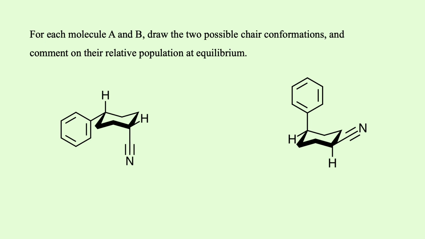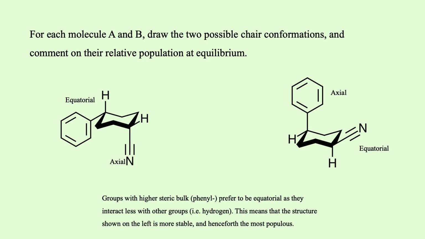These are the two conformations I was just talking about. On the left, the benzene is equatorial and the nitrile is axial. And on the right, the benzene is axial and the nitrile is equatorial. So to find out which one has the highest stability, you look at the group with the highest steric bulk, and in this situation it'll be the phenyl group, or the benzene, which prefers to be in the equatorial position, as it interacts less with the groups, or even the hydrogen, but it will interact with the nitrile group far more.